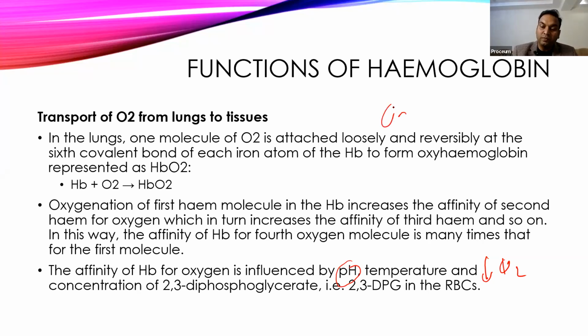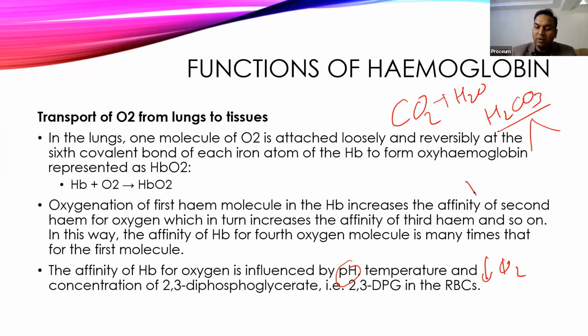CO2, tissue metabolism हो रहा है, tissue का metabolism हो रहा है, CO2 release हो रहा है, that CO2 will combine with the water and it will form H2CO3, and this H2CO3 will again dissociate into H plus ion plus HCO3 minus ion, and this H ion will be released into the blood, and that will decrease the pH or increase the acidity of the blood, and that will lose the affinity and more oxygen will be released.